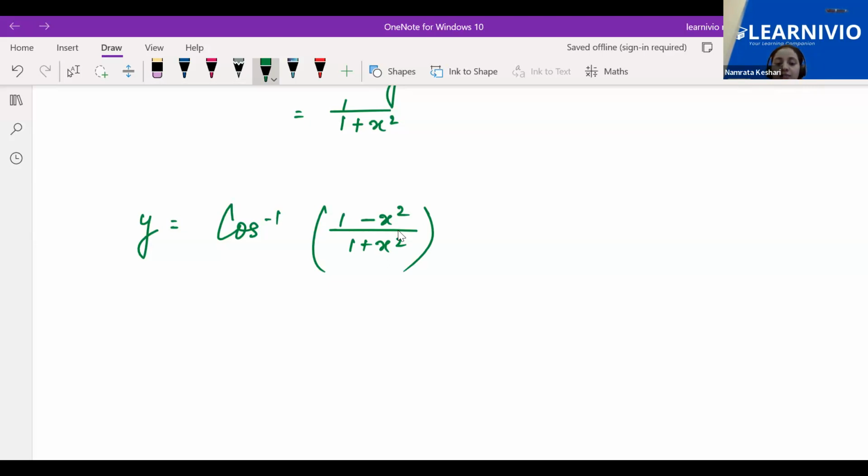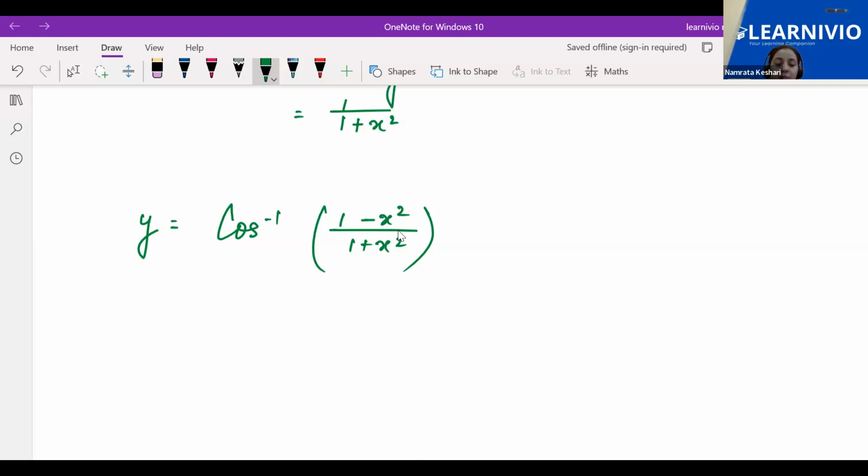Yes, how to find dy dx? Take cos inverse x. Can we apply chain rule over here? Yes, we can apply chain rule.